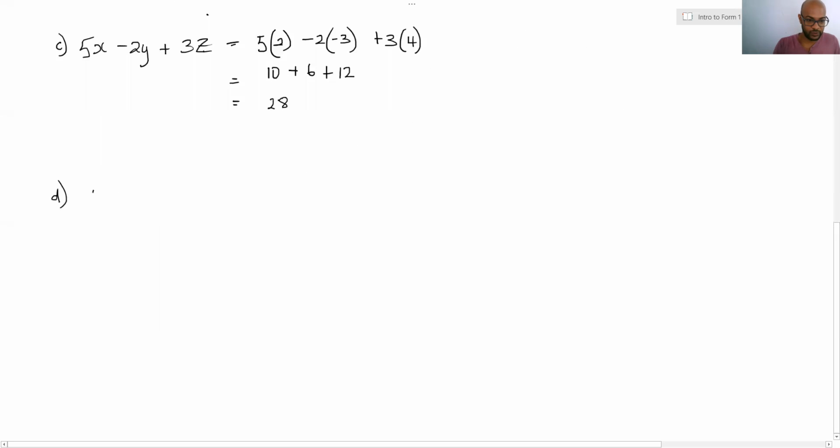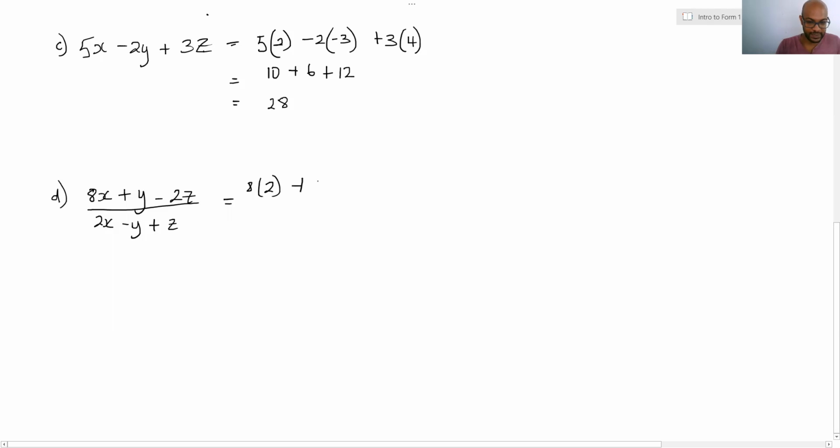Right, so the next one we had 8x plus y minus 2z, and this is going all over 2x minus y plus z. Remember what we said before, x is 2, and I write that back to front there.